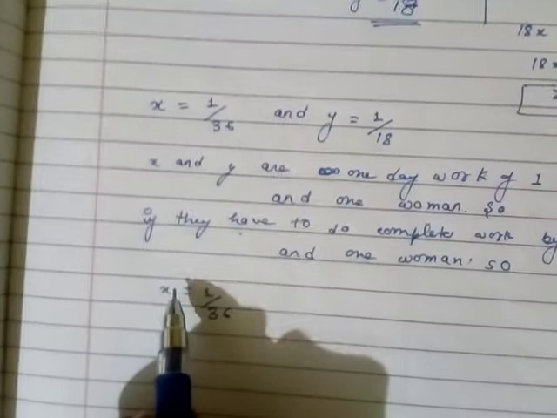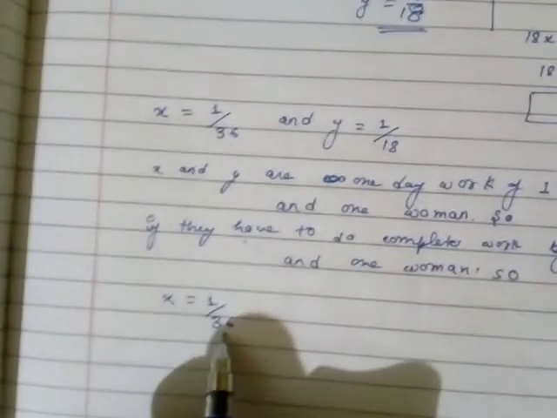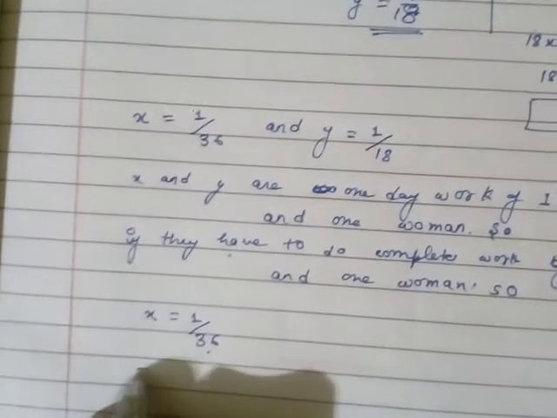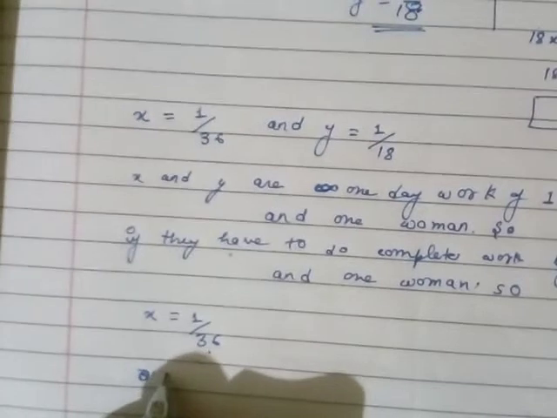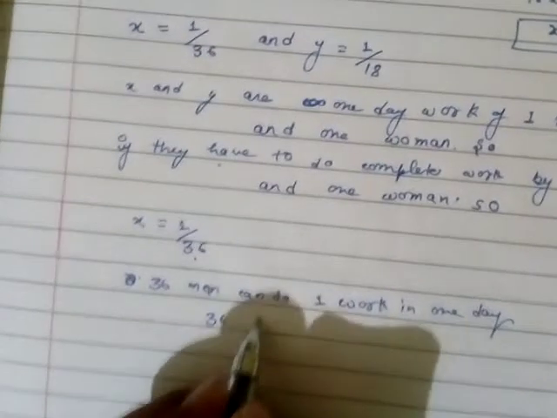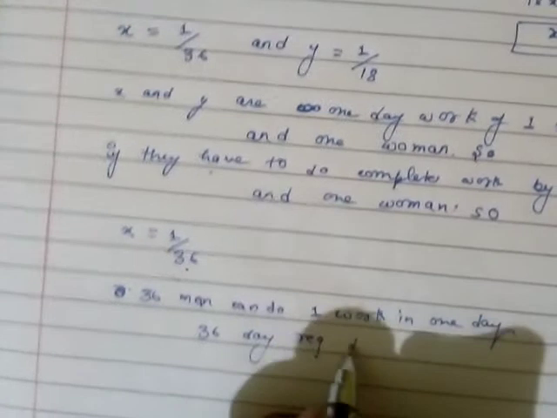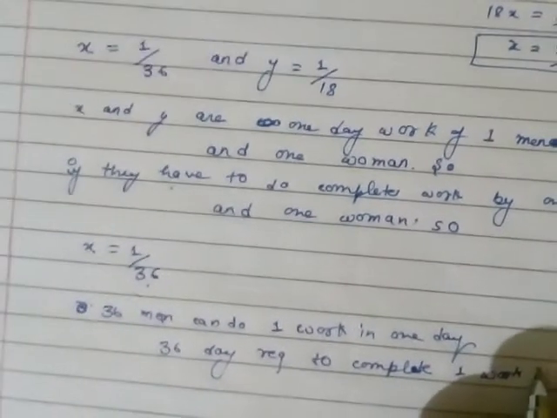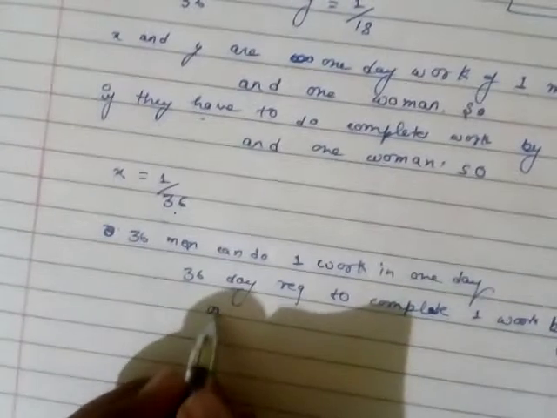This means one man is doing 1/36 of the work in one day. To do the whole work, we multiply by 36 on both sides. So 36 days are required to complete one work by one man.